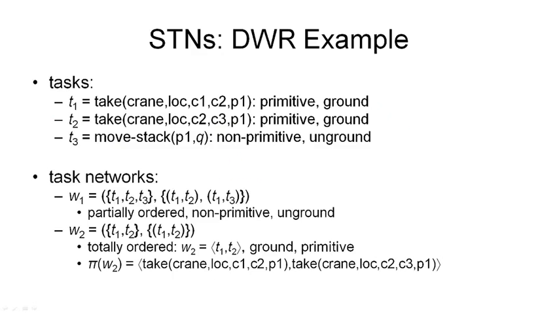And to make sure you understood all this correctly, here are a few examples from our DocWorker robot domain as an STN domain. The first we have given here is a set of tasks, and the first task is T1, described by taking with crane at location container 1 from container 2 in pile 1. This task is primitive.